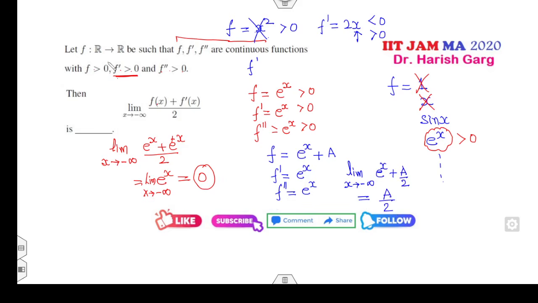But in order to make the function positive, a must be greater than or equal to 0, so this limit is greater than or equal to 0. The answer is any number from 0 to infinity. But even if you write 0 as the answer from this example in the exam, it will give you full marks.